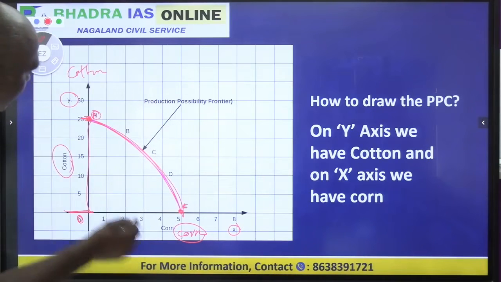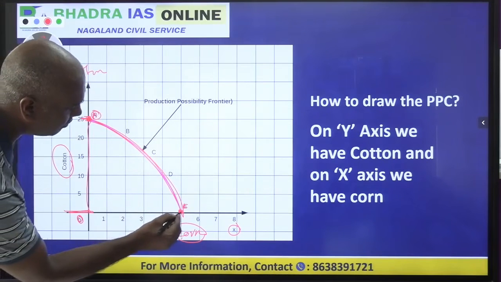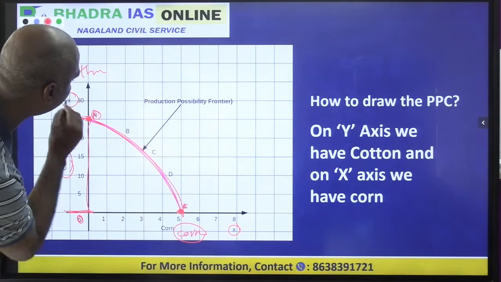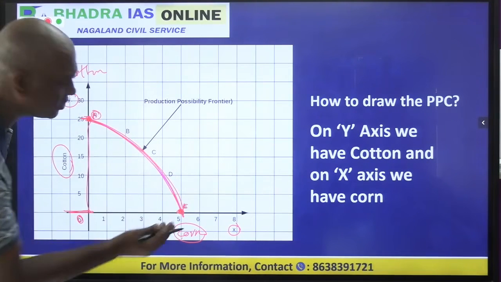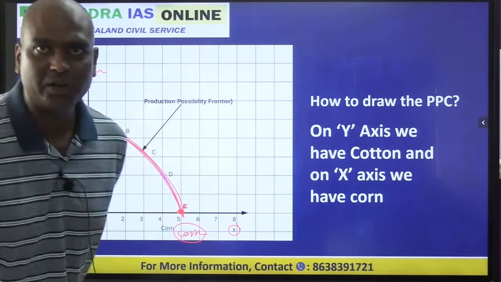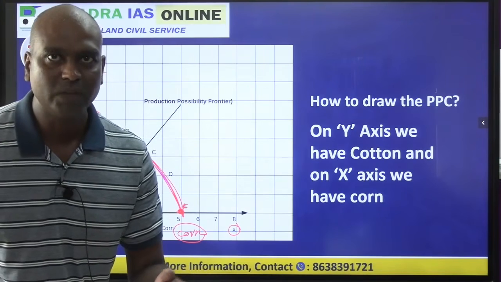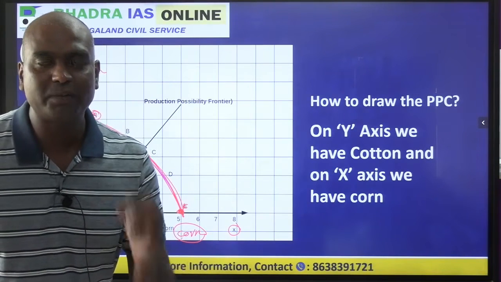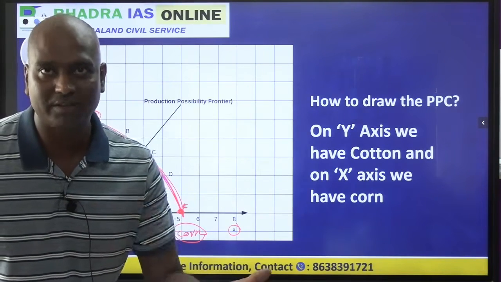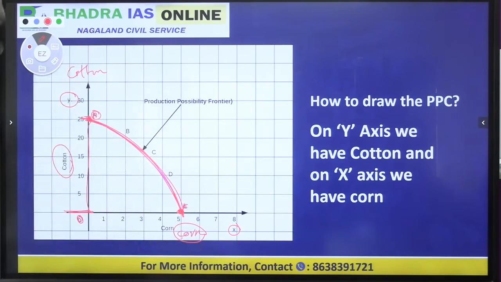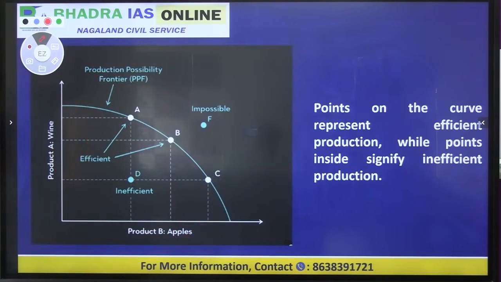The production possibility curve shows you the combination of two products, corn and cotton, how much we can produce at maximum. So this production capacity is technically called production possibility curve. In some books you will find it called production possibility frontier. Both are the same.